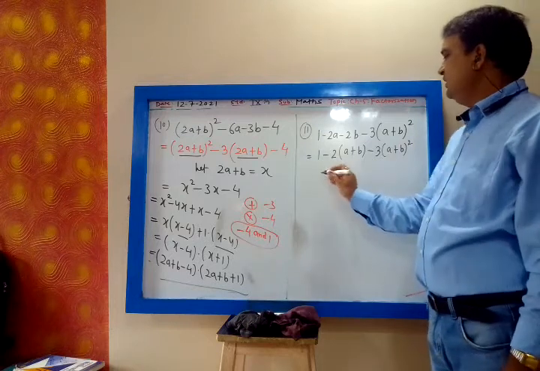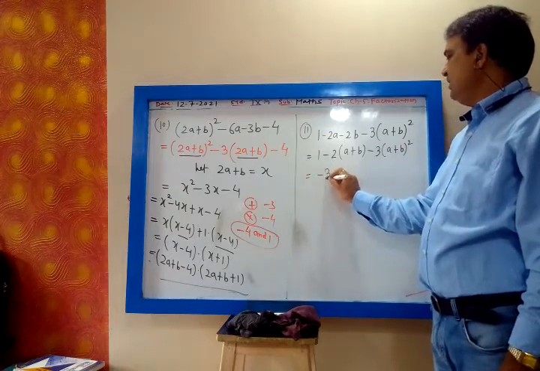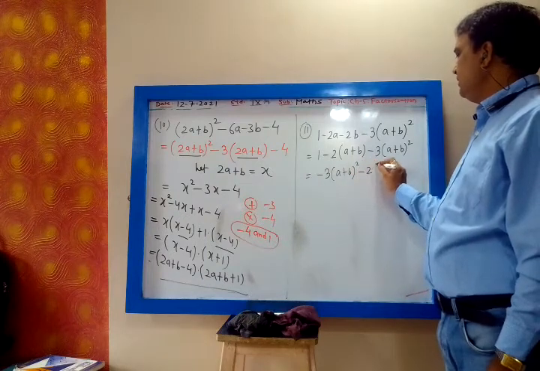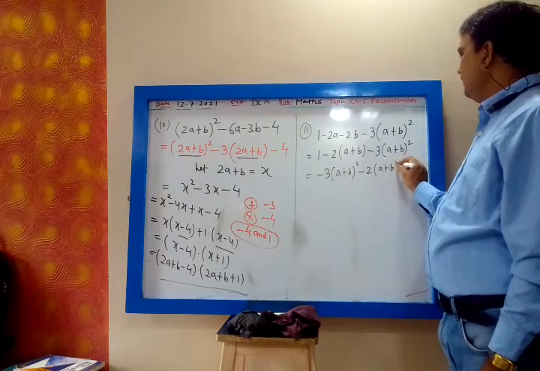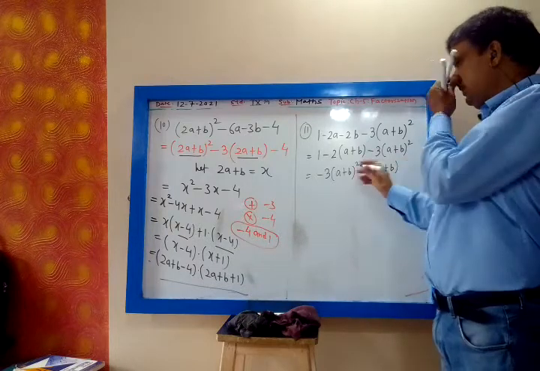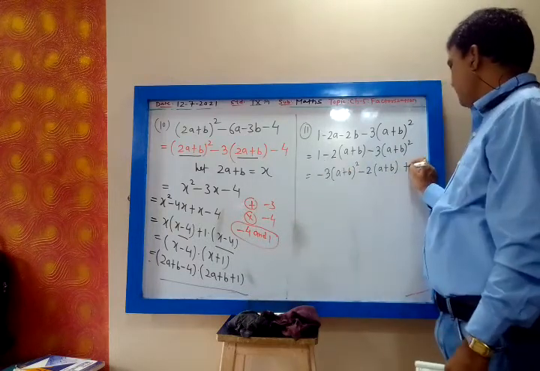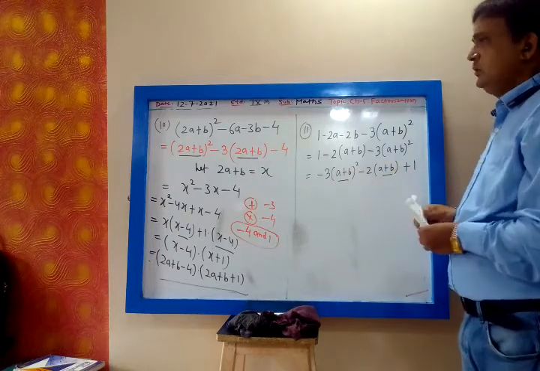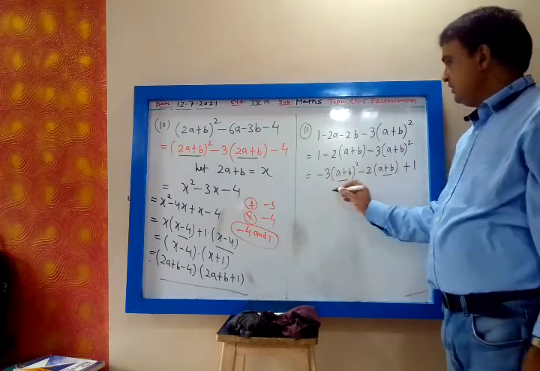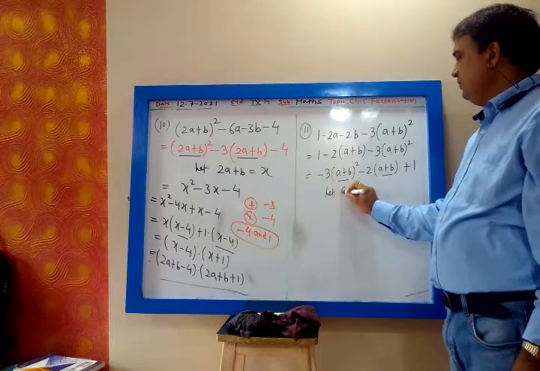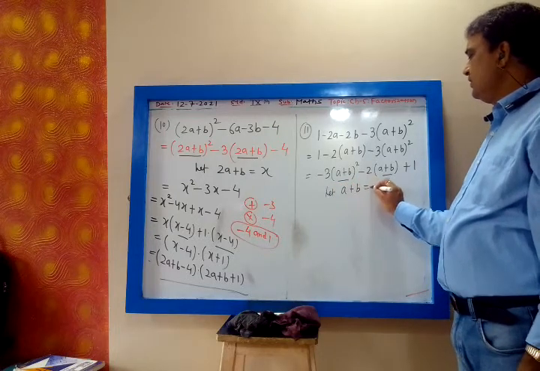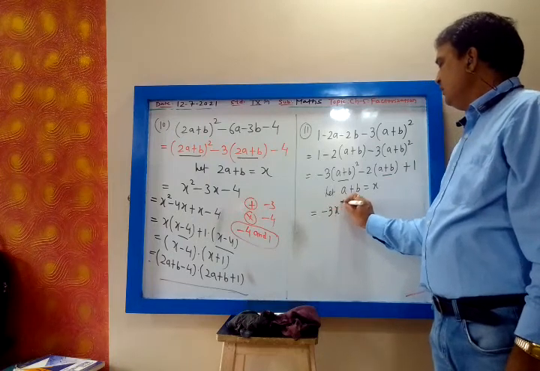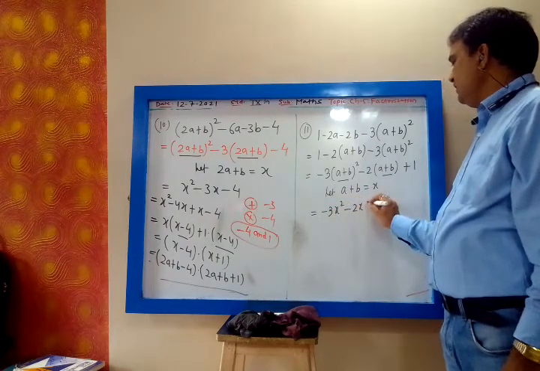This I will rewrite, that is minus 3 times a plus b whole square, minus 2 times a plus b plus 1. Now a plus b is common. So let a plus b is equal to x. So this becomes minus 3x square minus 2x plus 1.